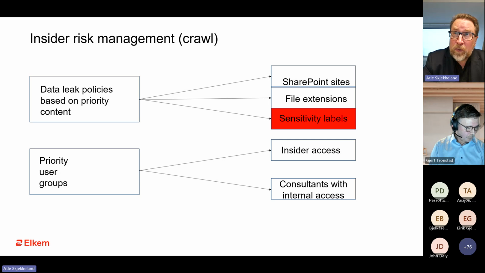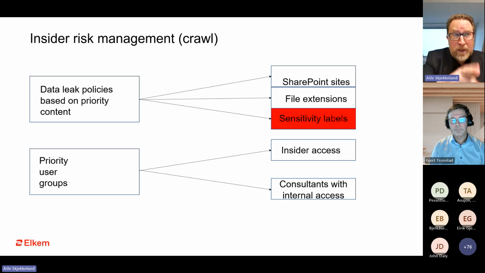We also see more and more file extensions that sensitivity labels don't support, like CAD drawings, but also very critical infrastructure and other things that could, in some industries, be subject to laws and regulations. Also, especially marked in red, when things are classified as confidential or top secret, we want to ensure that information is not leaked or stolen.